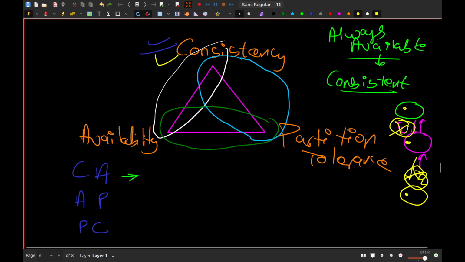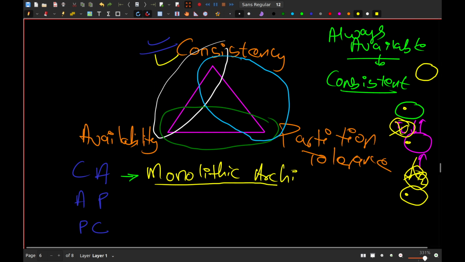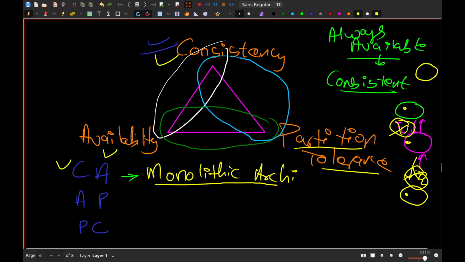It means there will always be only one module, as in the case of monolithic architecture. It means there is only one single module or only one database handling everything. So if we are aiming for consistency as well as availability, then one has to compromise on partition tolerance, because there won't be any extra server kept as a backup.